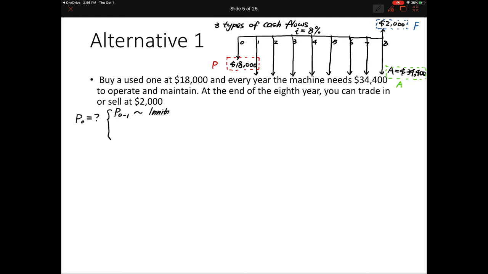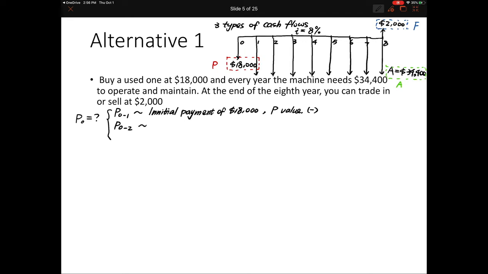That cash flow is the initial payment of the 18,000, and it is a P-value type. And we said it is a negative value because it's a cost. This negative doesn't mean it's a value lower than 0. It only means it's a cost, money going out, compared to the receiving.